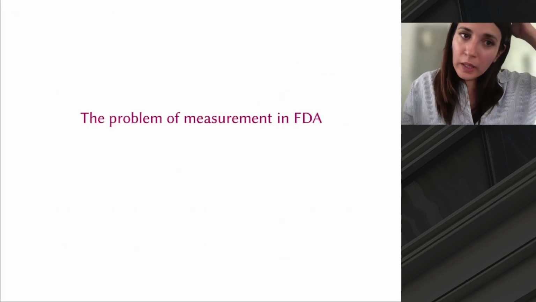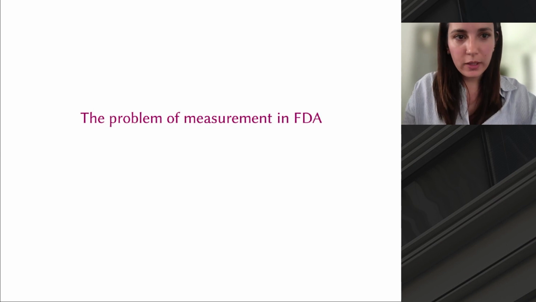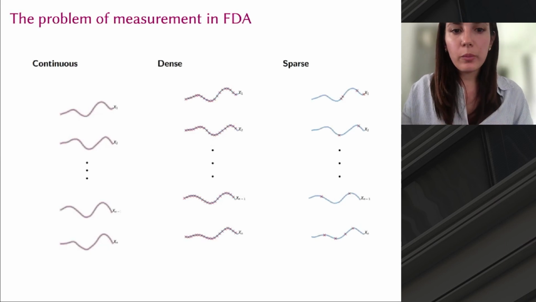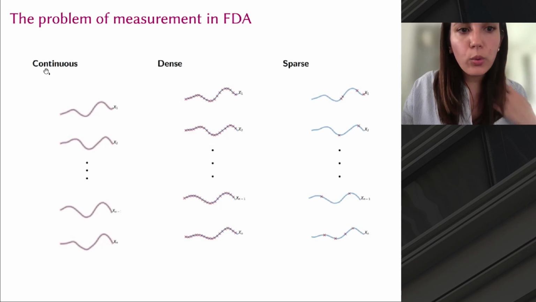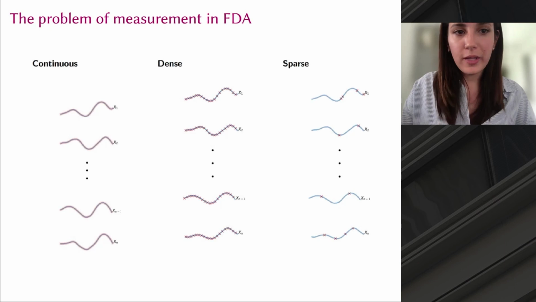So now, after this introduction, I would like to talk to you about the problem of measurement in FDA. It is a general problem in the sense that we can think that we are able to observe our functions over all of their domain.